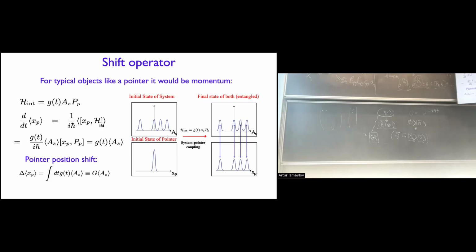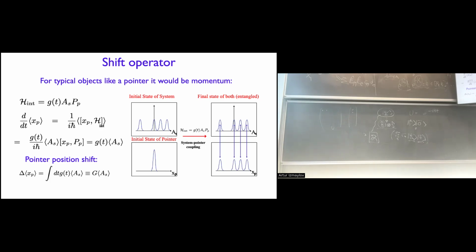So how this can be written pictorially is exactly like this: the initial state of the pointer is some Gaussian, let's say, function with some position, right? And then when we couple the system with the pointer, because we don't know how to prepare an eigenstate, we prepare a superposition. So there is a bunch of states that have eigenvalues.